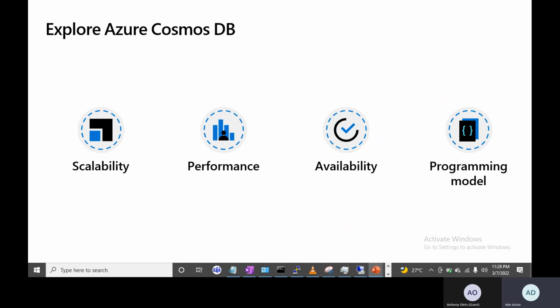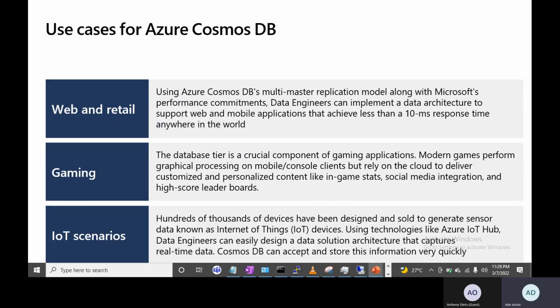It can increase and decrease resources based on what you want, because you want something that will keep performing for you. The performance is good, it is known worldwide, it is always available, and then it has the programming model.